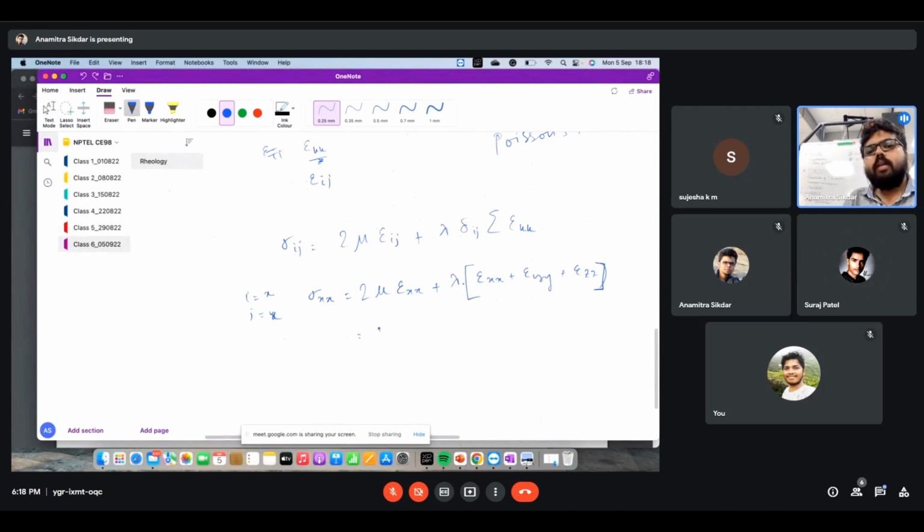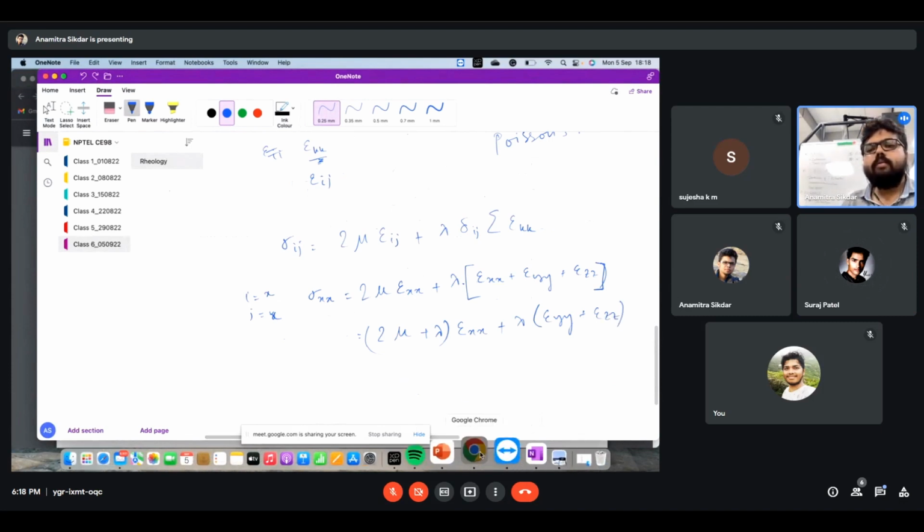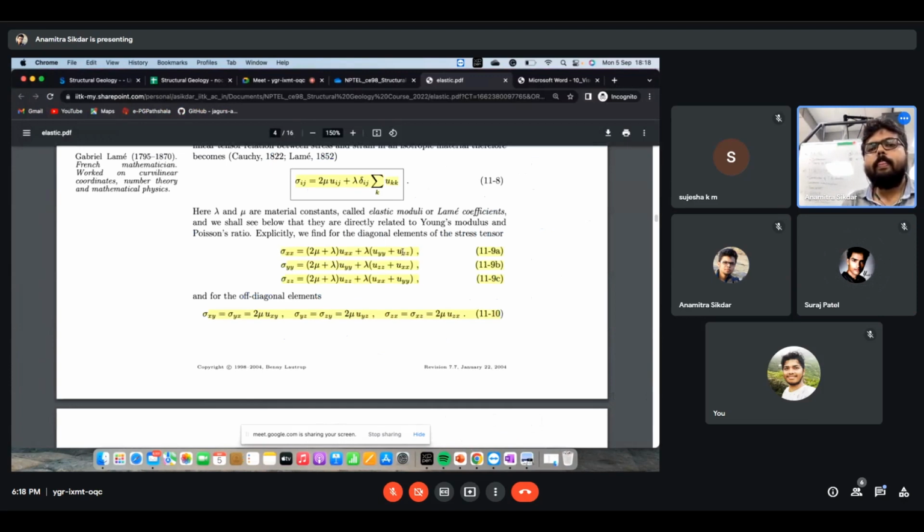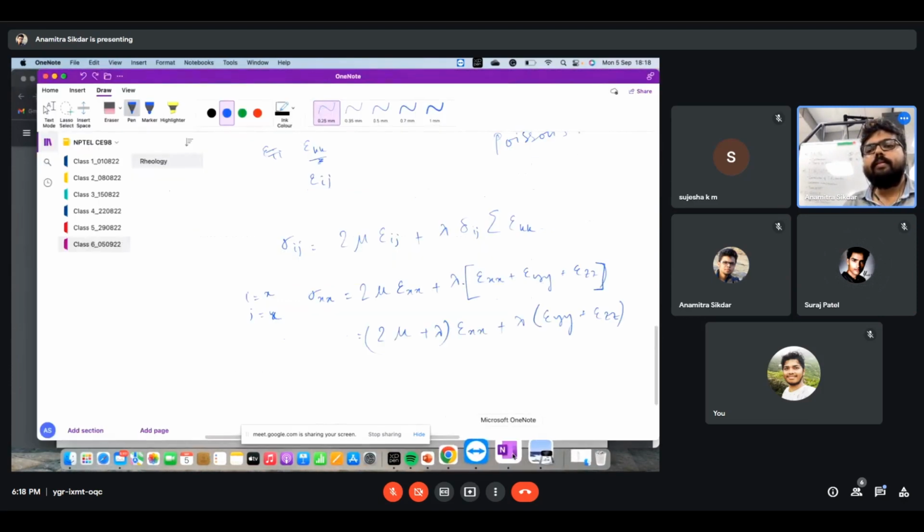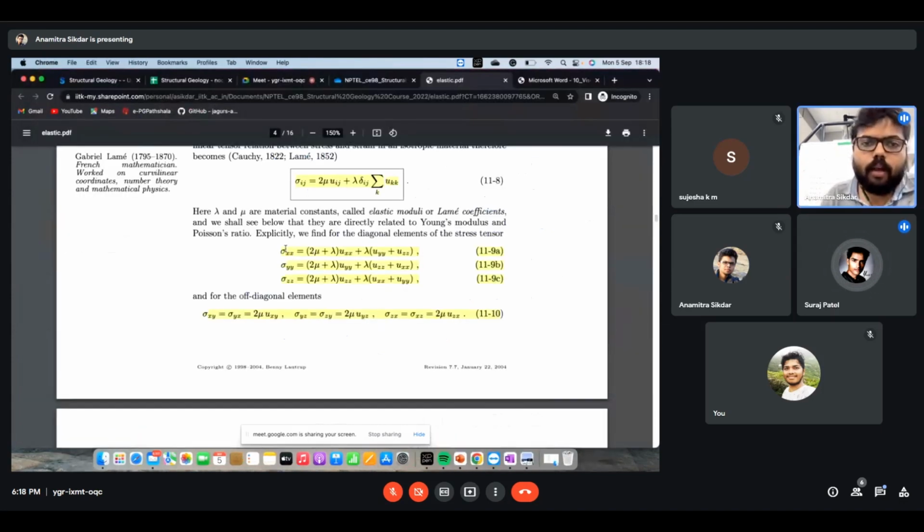So from here we get (2 mu plus lambda) epsilon xx plus lambda into (epsilon yy plus epsilon zz). All right. So this is how they derived it, right here.